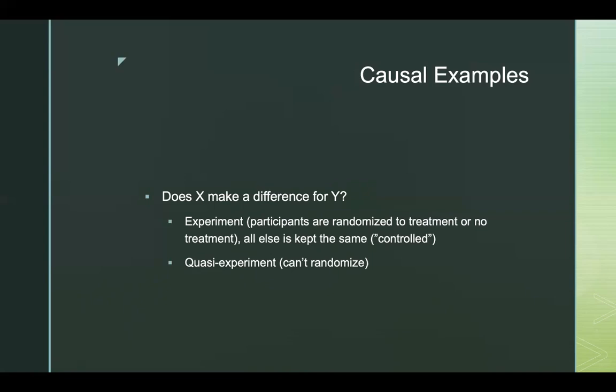So a causal example is an experiment where you can randomize people to a treatment or not. Let's say the treatment is half of them get broccoli and half of them don't. You have to randomize who is in the treatment group, the group that gets broccoli, and who is in the group that doesn't. It has to be randomly assigned.